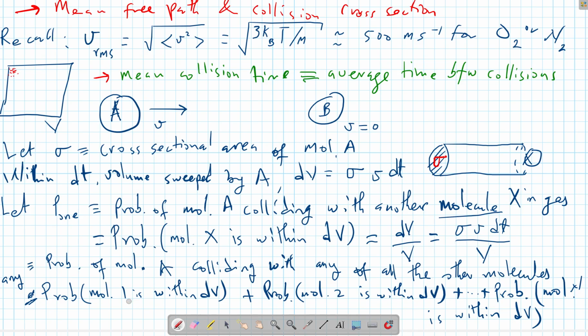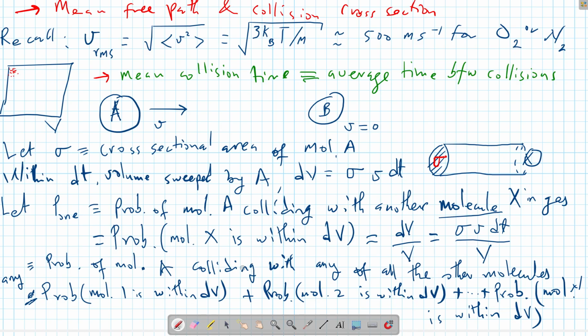So the probability that molecule 1 is going to get hit by molecule A is independent of molecule 2 getting hit by molecule A, is independent of molecule 3 getting hit by molecule A, and so on up to molecule N getting hit by molecule A. But we know that in reality they are not really independent, right?